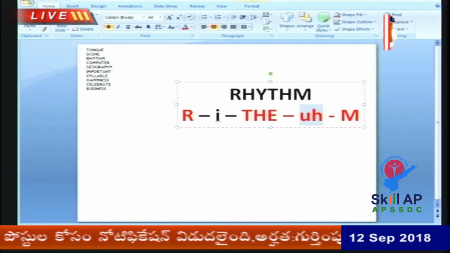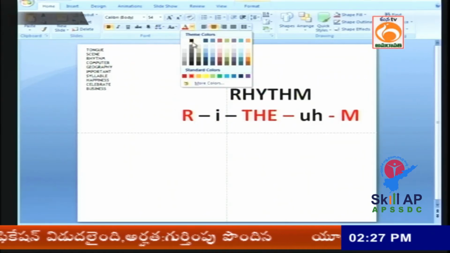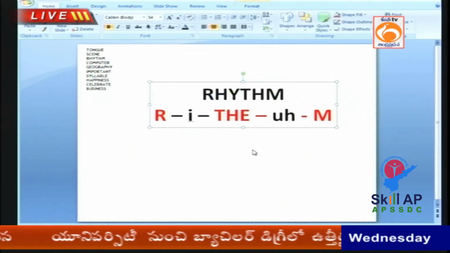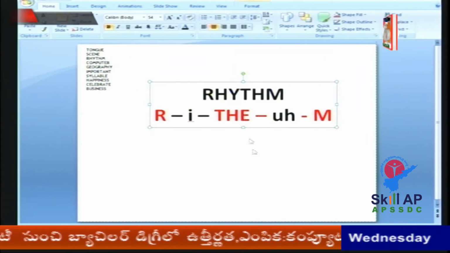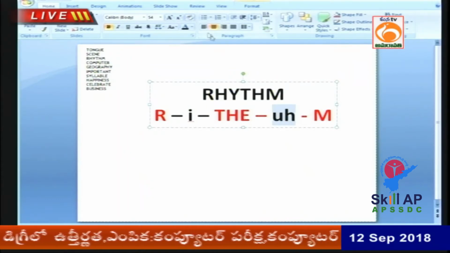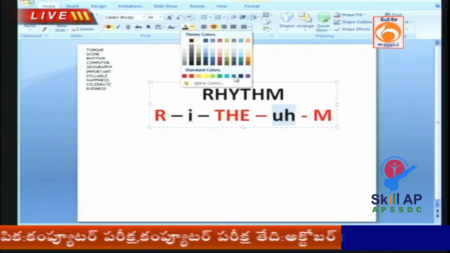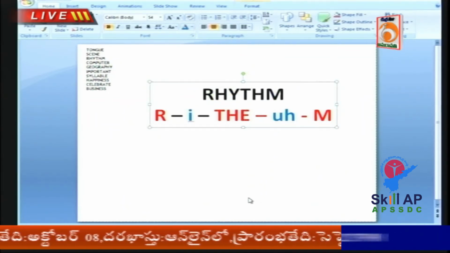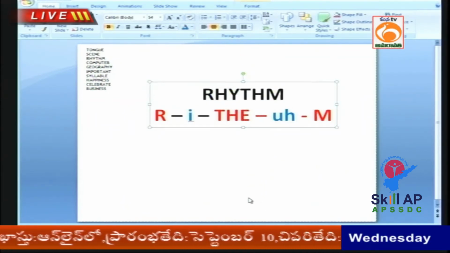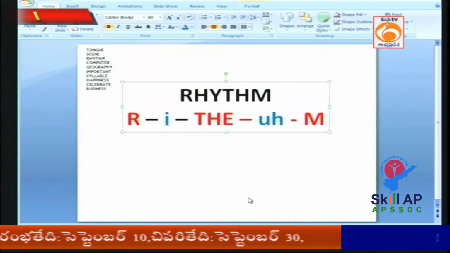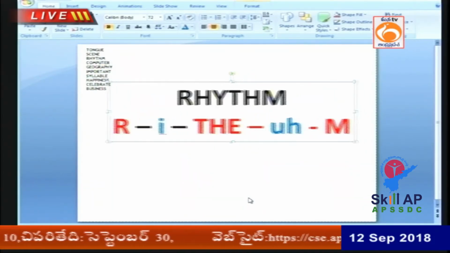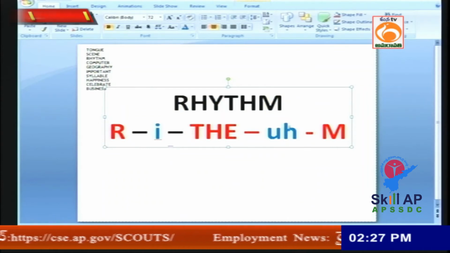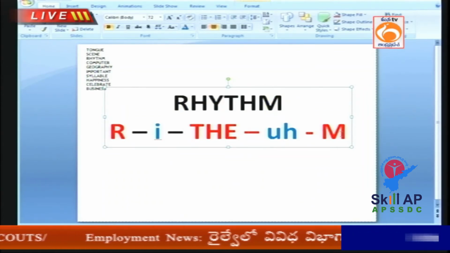Now a is not a consonant sound, it's a vowel sound, so I'll keep it black. Or let me make it better for you. I'm going to mark the vowel sound with blue. So it's re, the, m, rhythm.